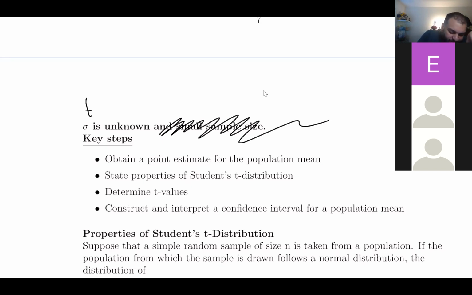If you remember yesterday's quiz, the reason you did the T distribution, other than me telling you to, was that if you read the problem, they don't give you the standard deviation of the population. They give you the standard deviation of the sample. So that's why you should have done the T distribution.